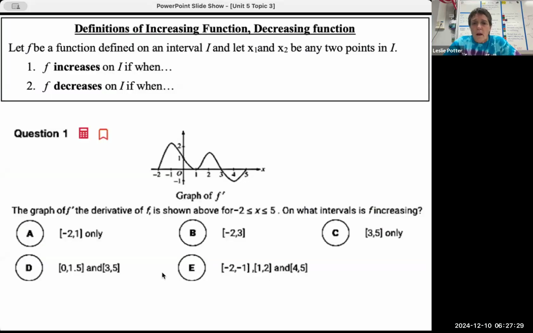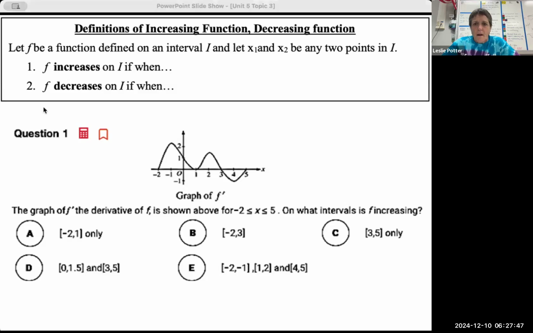And so when we look at the idea of increasing and decreasing, I'm just going to use this graph down here as an example. This is the derivative. Pretend that this is the actual function. So we have increasing, decreasing, increasing, decreasing, right? Increasing, right?